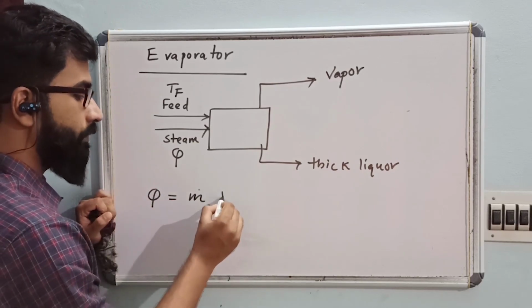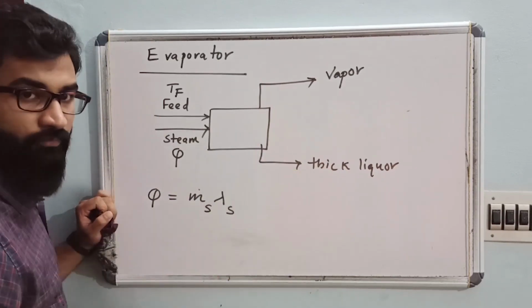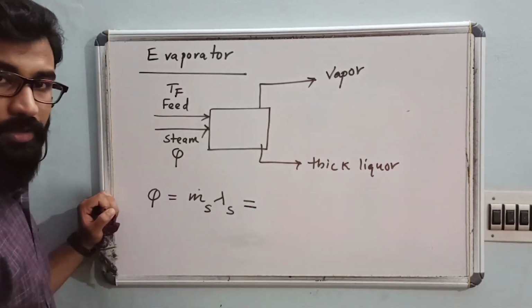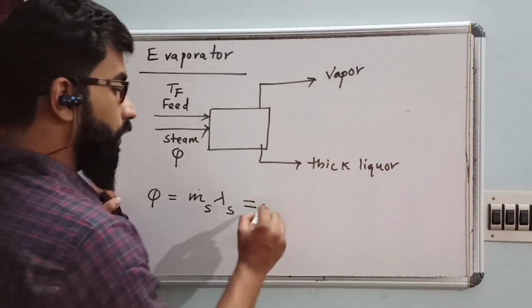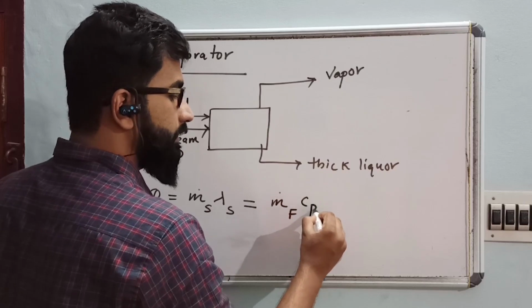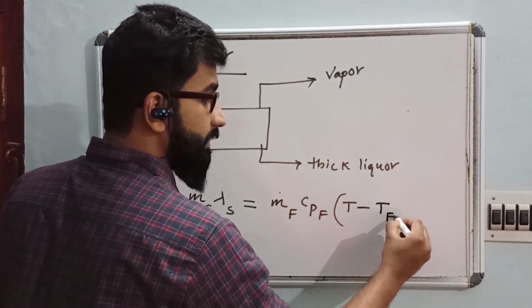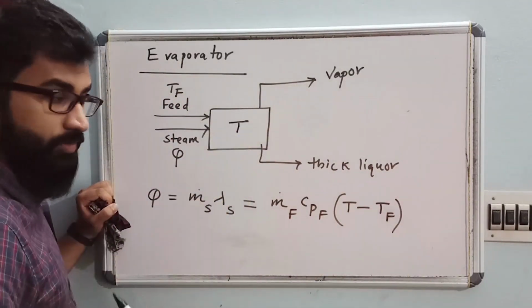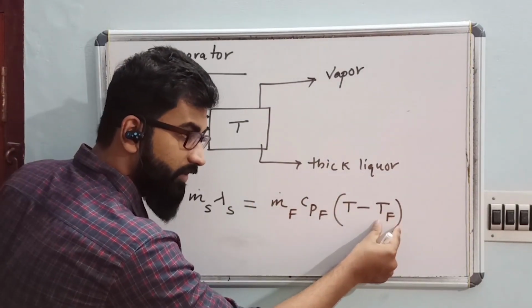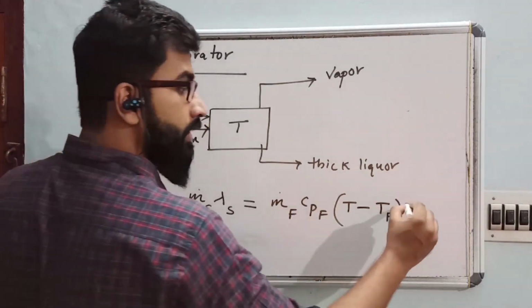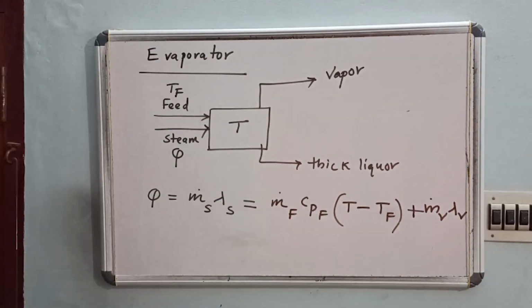Mass flow rate of steam into latent heat of condensation of steam, because from the steam we are giving a heat of Q. Now this will be utilized for increasing the temperature of the feed from Tf to the boiling point of the solution, and also for the vaporization of your water.